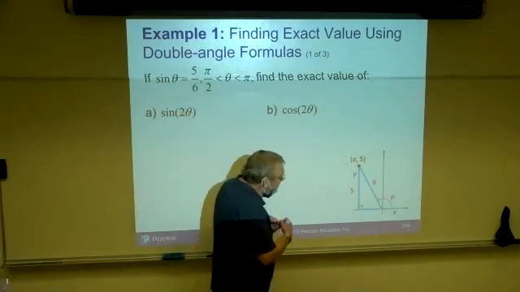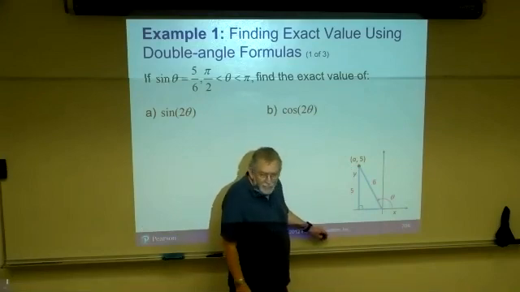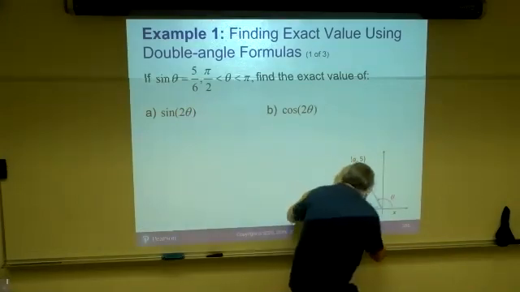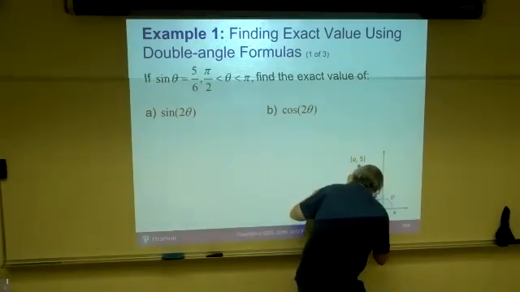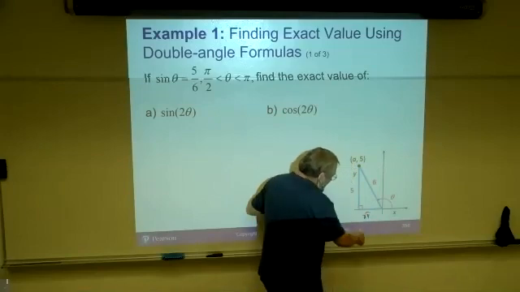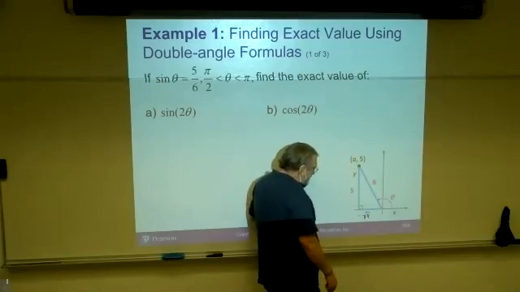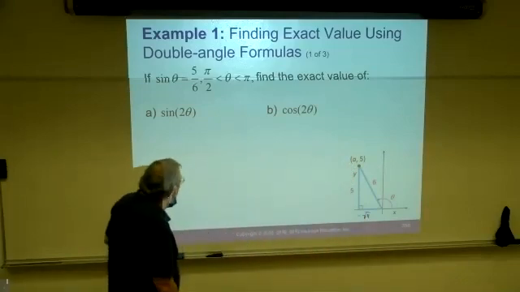Well, 36, what's 36 minus 25? Isn't that 11? So this side is the square root of 11, and since it's in the second quadrant, it's going to be negative, because now the cosine is going to be negative.